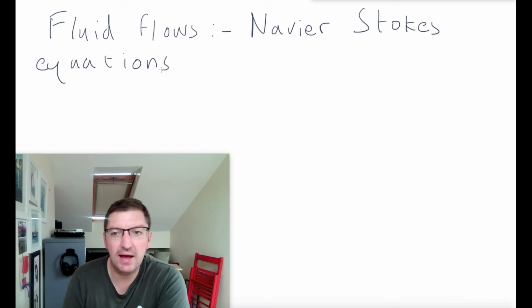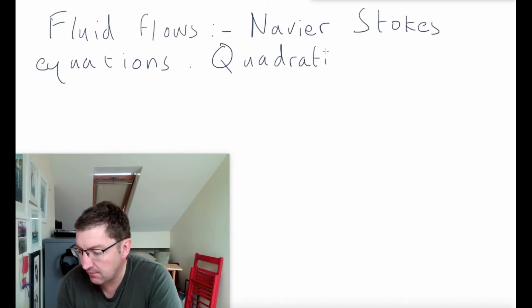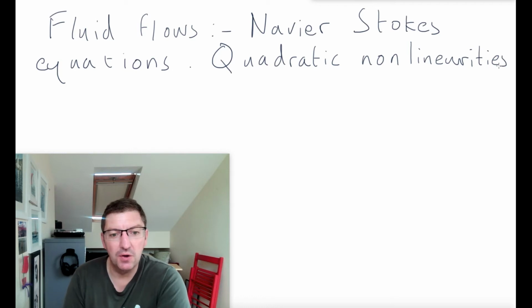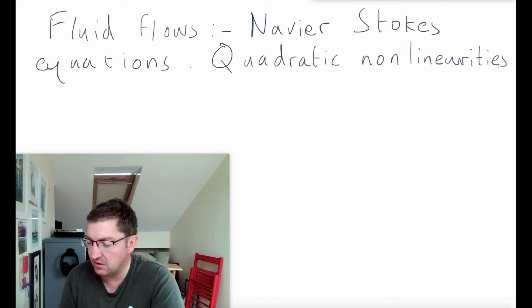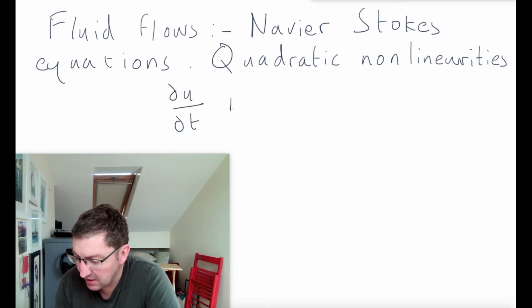The key point about these is they have quadratic nonlinearity. Quite often you'll have terms in the Navier-Stokes equations which look like this. Let's just do it in partial derivatives: you have partial u by dt. Again, you don't need to know this in detail, but you have terms that will maybe go like u du/dx equals something.